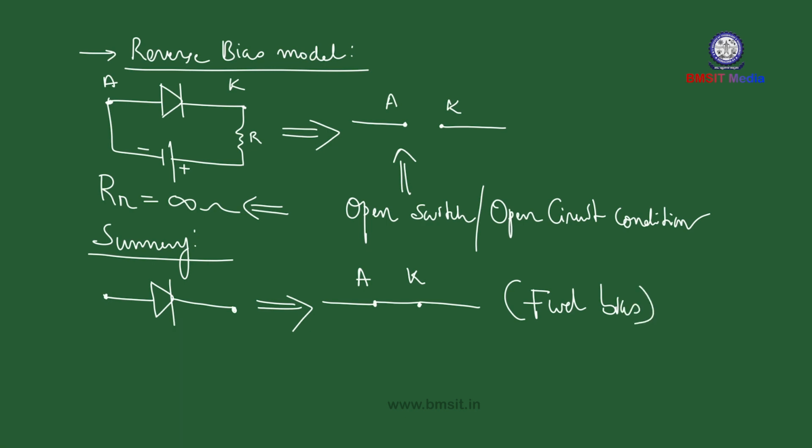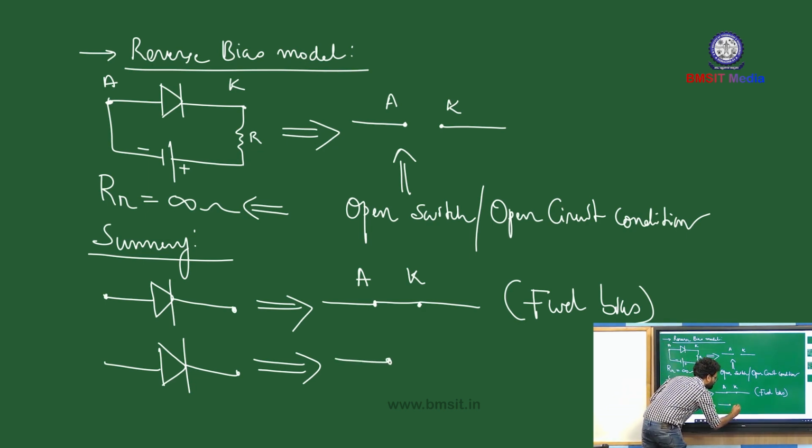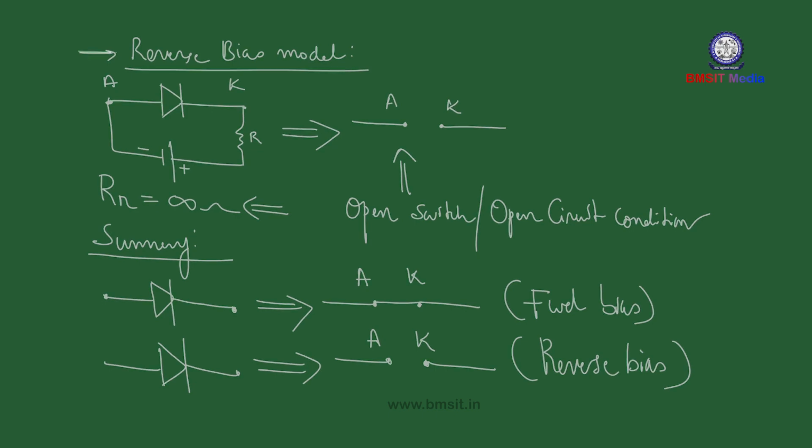On the other hand, if you come across the reverse biasing situation, we are going to replace the diode symbol with an open switch. This is for the reverse biasing condition. Apart from ideal diode analysis, we will also be asked to do the analysis on a practical diode. So let us also look at the practical diode model.